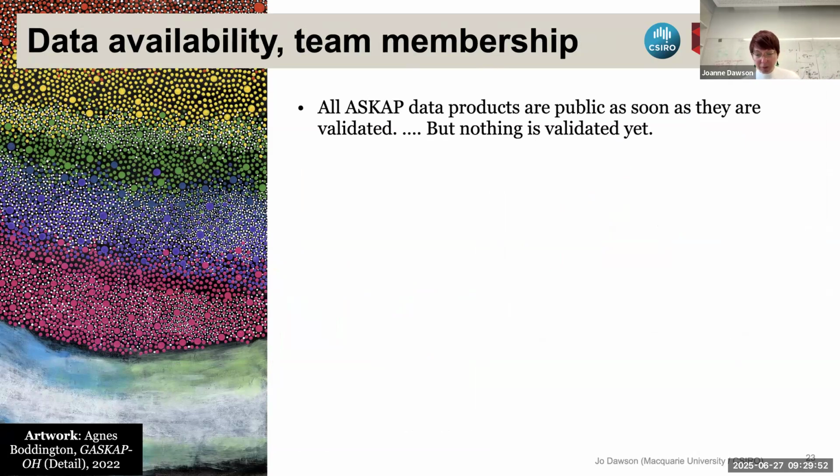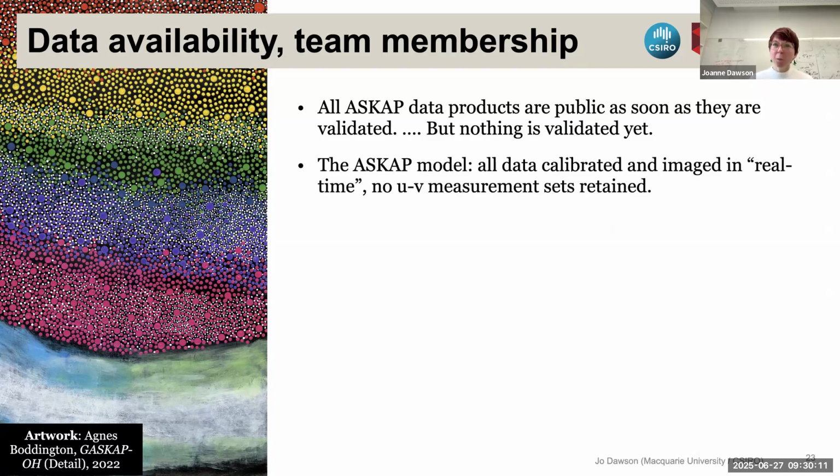The ASKAP policy is that data products are public as soon as they're validated. Now, what does validated mean? Validated means that the team has looked at it and has decided that it is good for science. At the moment, we have not validated any cubes, and there have been a lot of reasons for that. In the ASKAP model, all of the data is calibrated and imaged in real time by the observatory using their pipeline on a supercomputer.